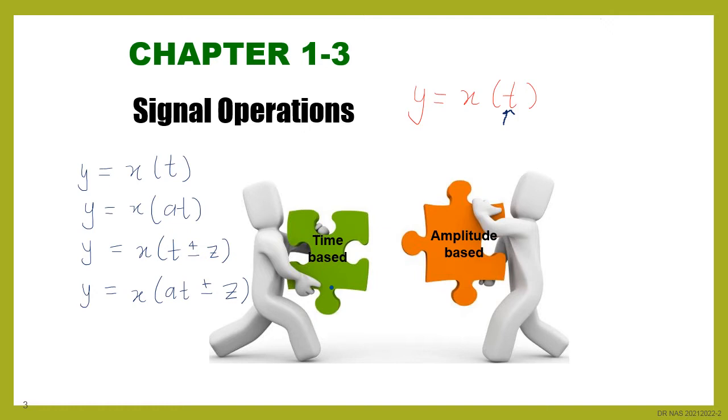And for an amplitude-based equation, if you notice there are additional parameters outside the bracket, for example, y equal to a x(t), or maybe y equal to a x(t) plus minus c. So there are no changes inside the bracket.